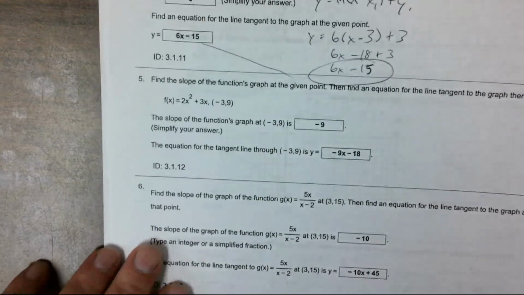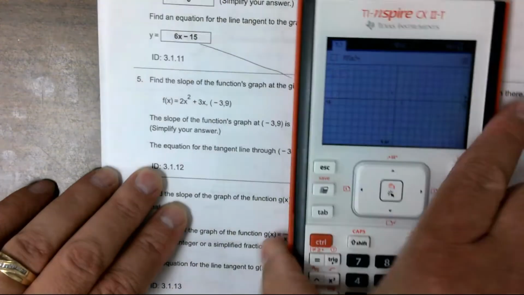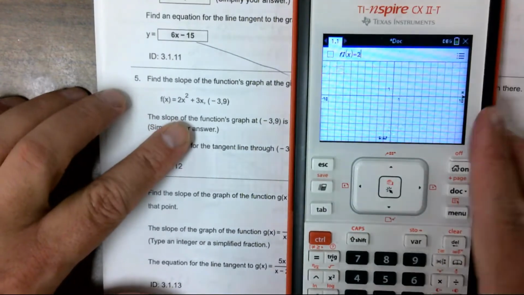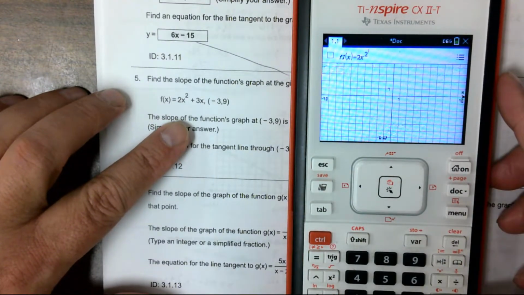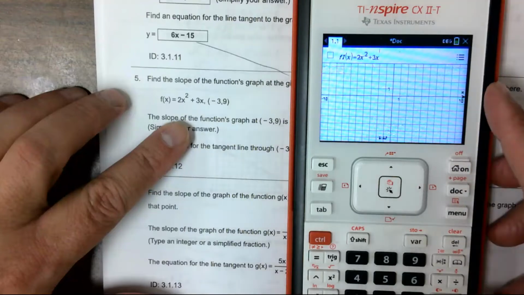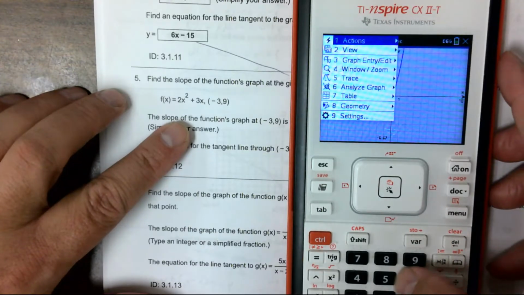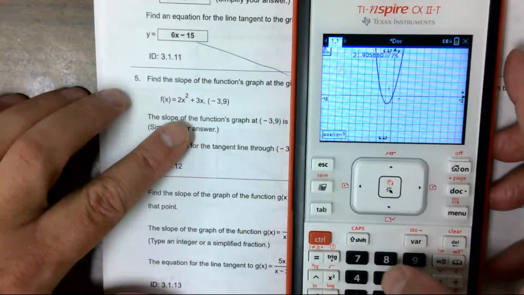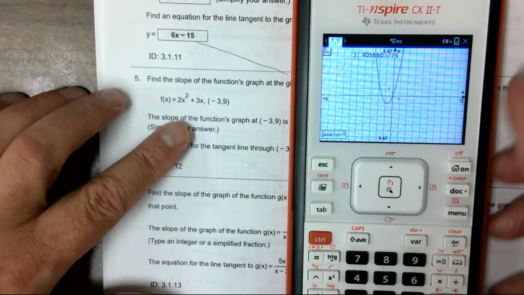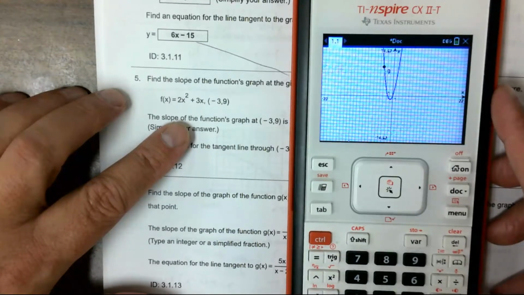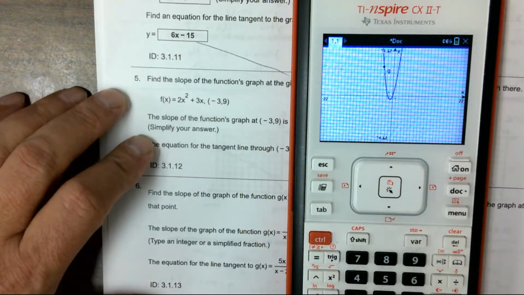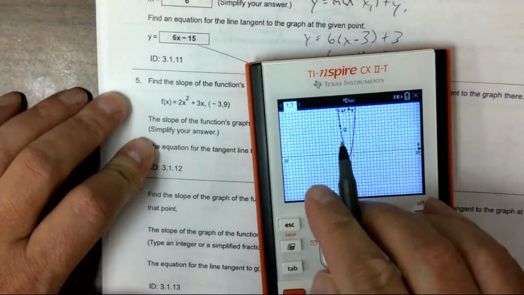Now on this one, again, we're going to just do the same thing. 2x squared plus 3x, menu 6, 5 in my case, position -3, I get 9. Oh, that's a -9. There's the negative sign right in front.